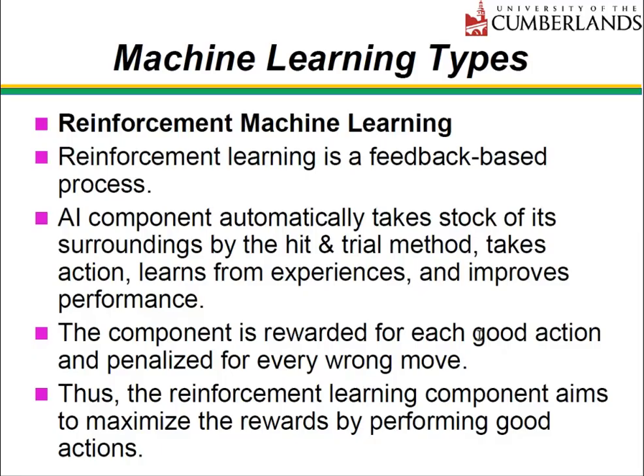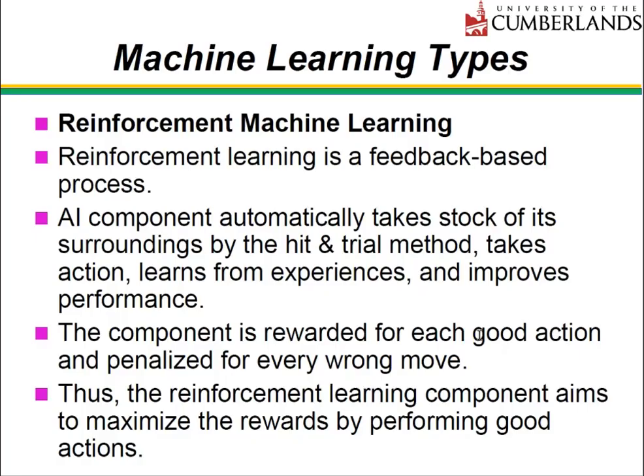And it's going to learn that this action is good. If it takes an action that leads to an undesired outcome, then it's going to receive a negative reward, which is a penalty. Over time, the system learns which actions lead to rewards and which lead to penalties, and then will always try to maximize the reward function.